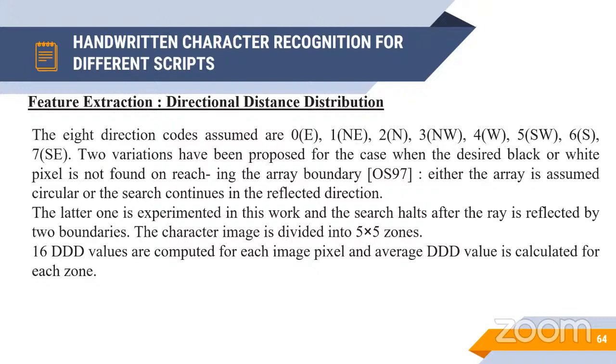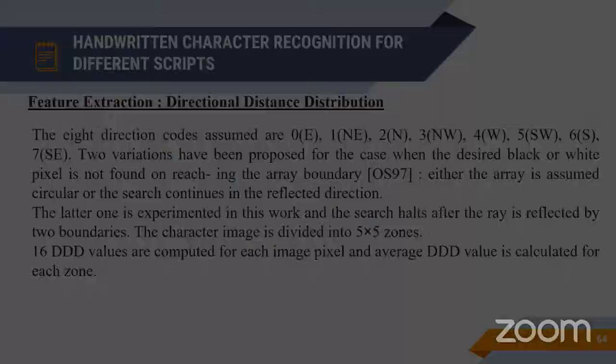Either the array is assumed circular, or the search continues in reflected directions, and the latter was experimented with in the work. It is reflected by 5 by 5 zones. In the 16 DDD values, DDD meaning directional distance distribution, the values are computed with the pixels and the average of the DDD value.